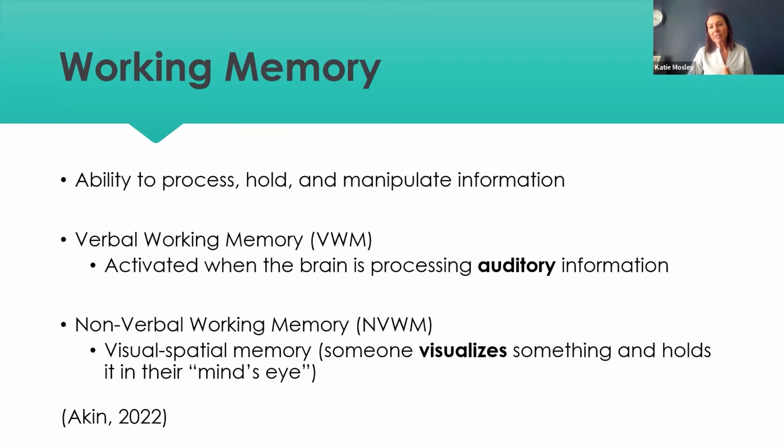So in the backward digit span, you're given the numbers, you're trying to remember them going forward, but you know that when you get them back out of your head, they have to be backwards. So you're manipulating them somehow in your mind.